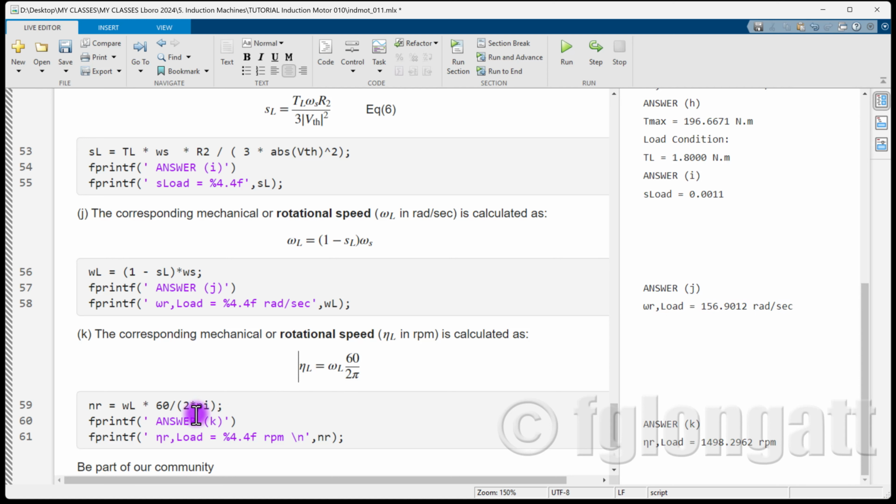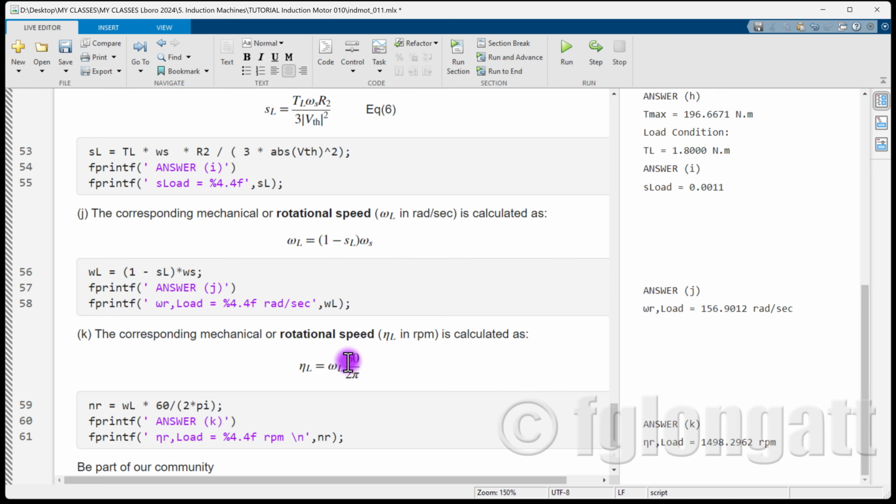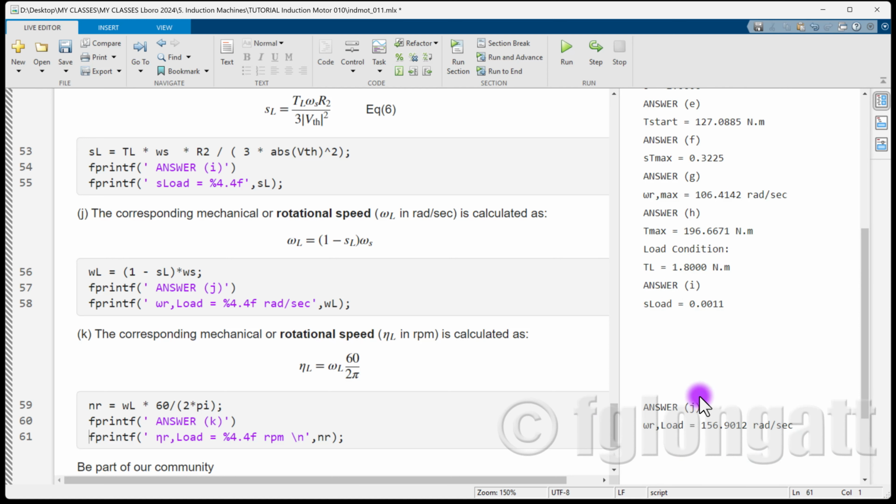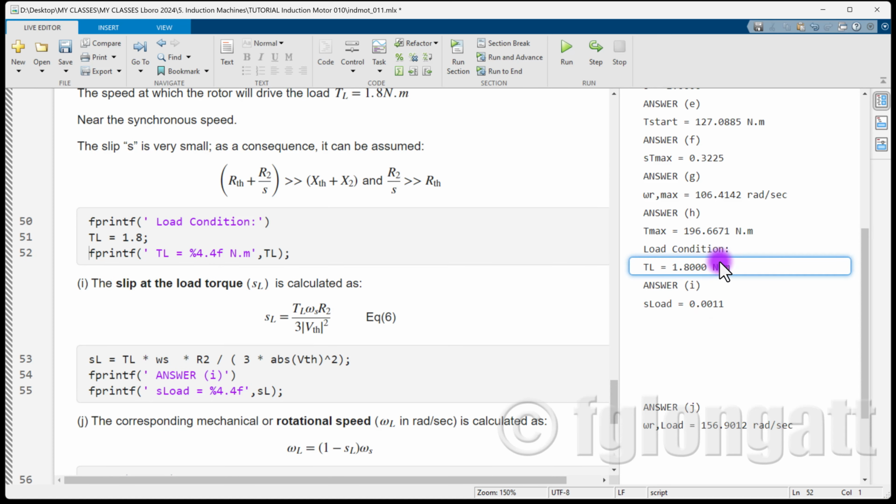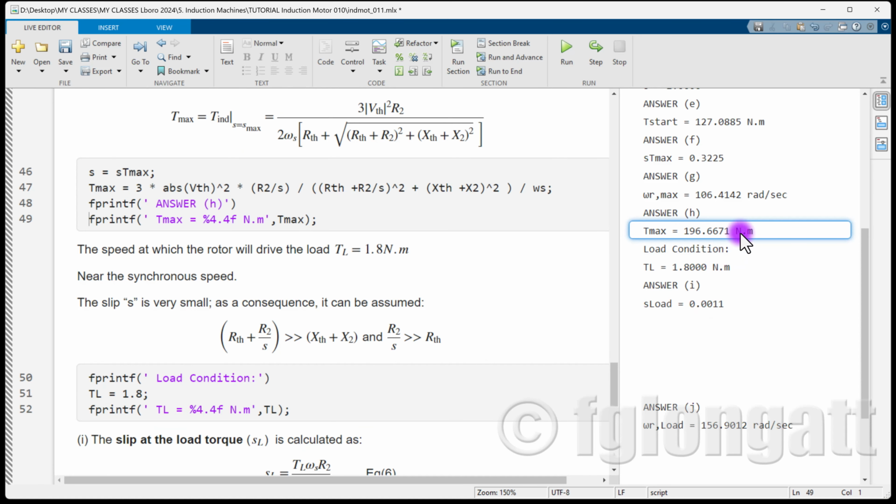And you can see here also the calculation of the rotational speed in RPM. So we are converting, multiplying by 60, dividing by 2 pi, and the rotational speed in RPM is 1498 RPM.